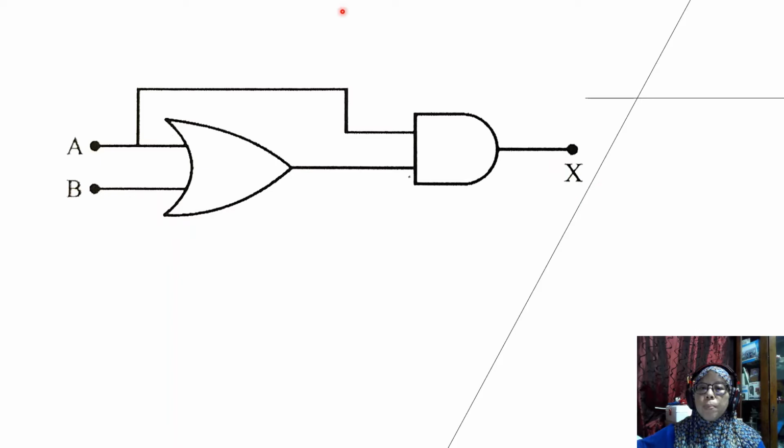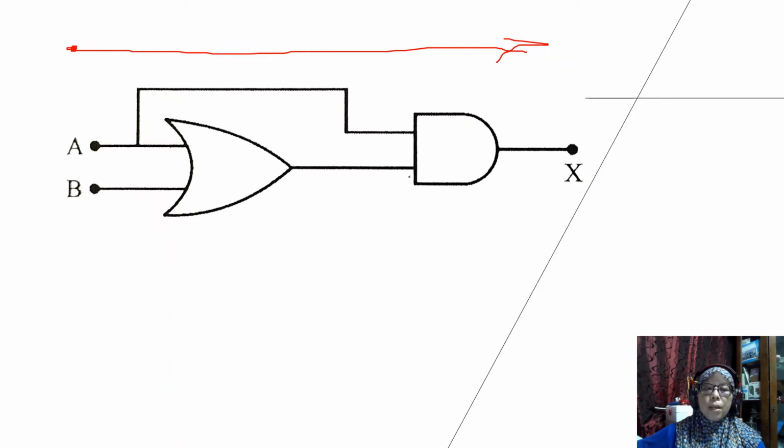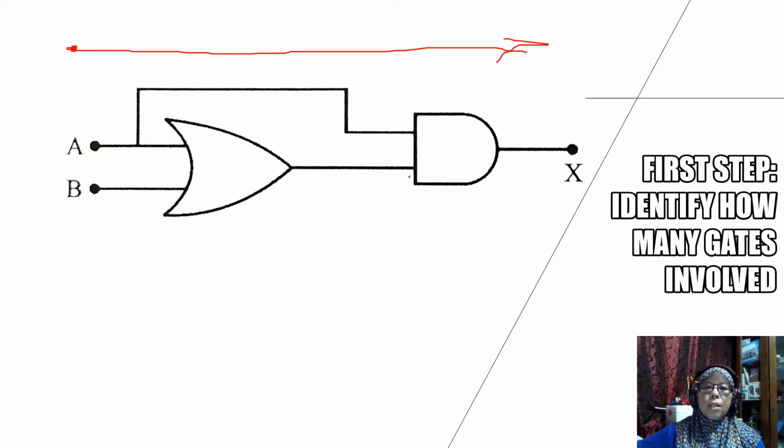Before you can write the Boolean expression based on the circuit given, you must know that we must look at the circuit from left to right. Okay, from left to right. First step, you must look at how many gates are involved in this circuit.